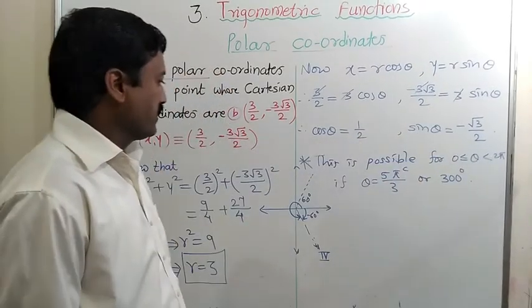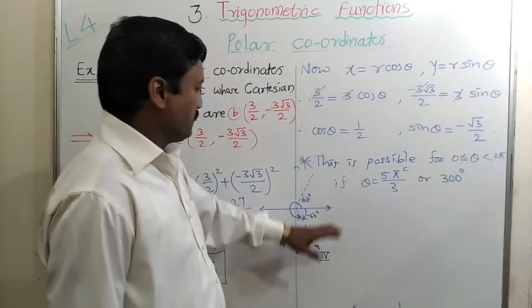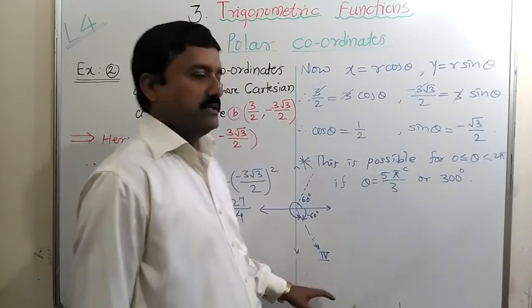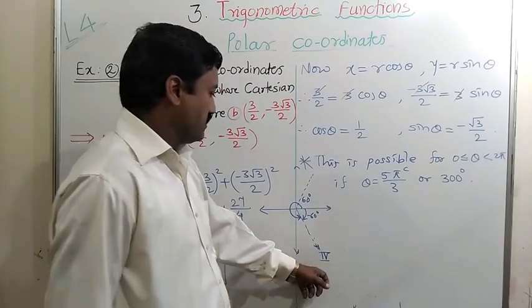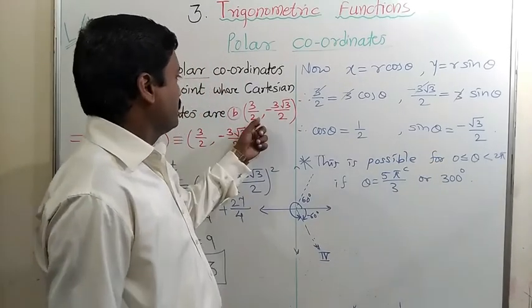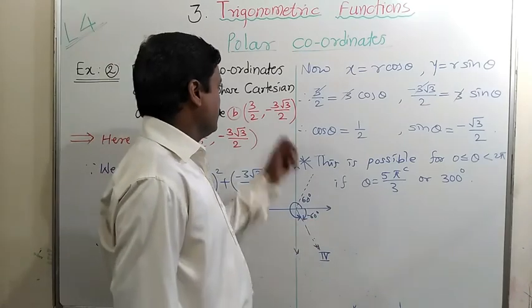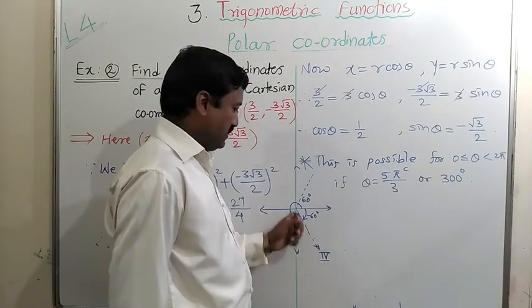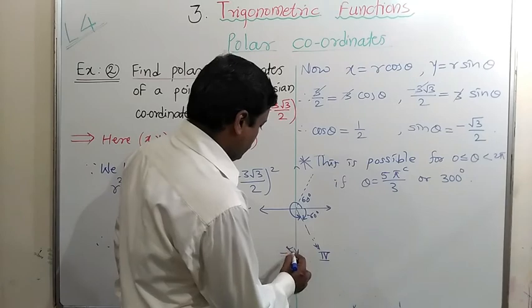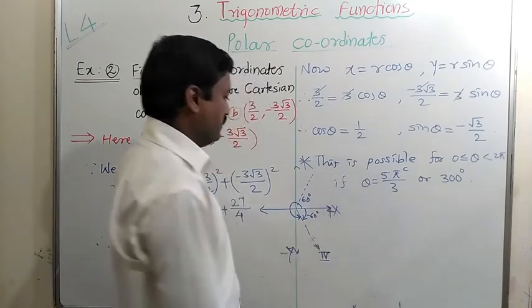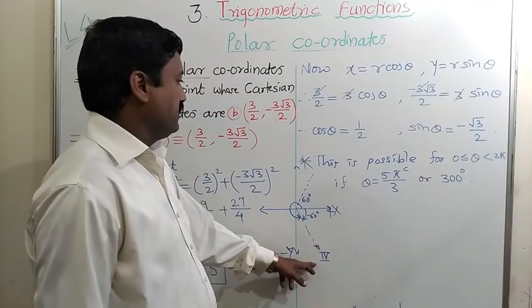So this is important: you have to decide the value of theta by knowing these two values of sin theta and cos theta. Here cos theta is positive, sin theta is negative. So in this quadrant, x is positive and y is negative, so the point will be here.